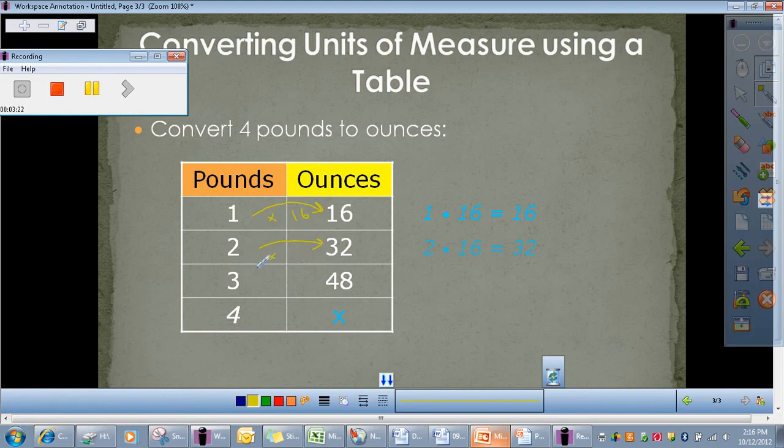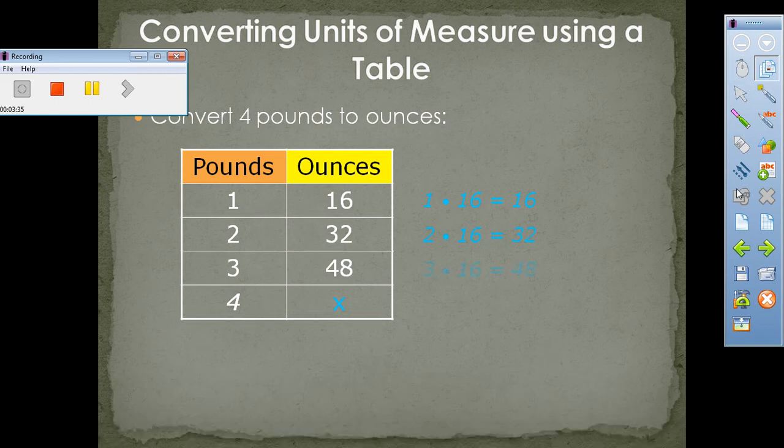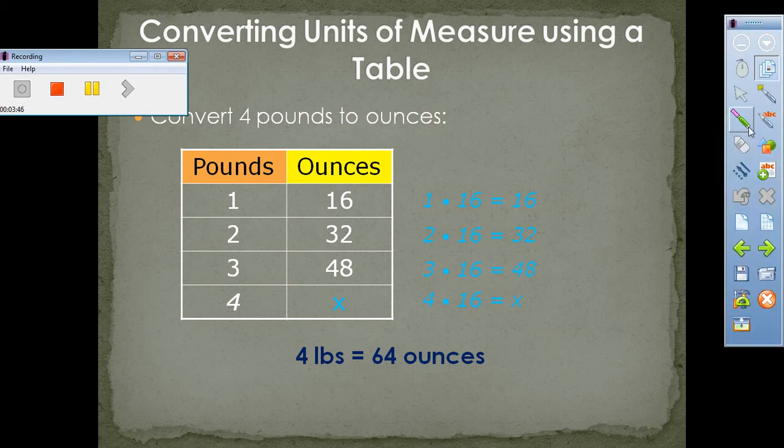Times 16. Times 16. So obviously, what are we going to do down here? Well, times 16. So we'll have 4 times 16 will give you X. So that means 4 pounds equals 64 ounces.